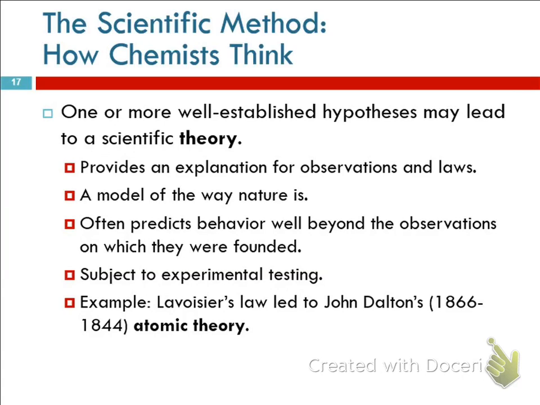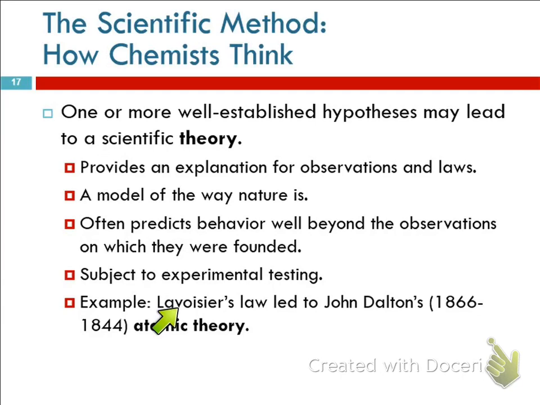Theories provide explanations for observations and laws. They are a model of how nature is. They often predict behavior well beyond the initial observations on which they were founded. And again, they are also subject to experimental testing. Scientists like to do experiments, and we like to test anything we can think of.